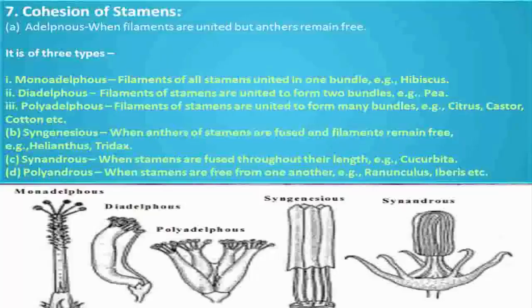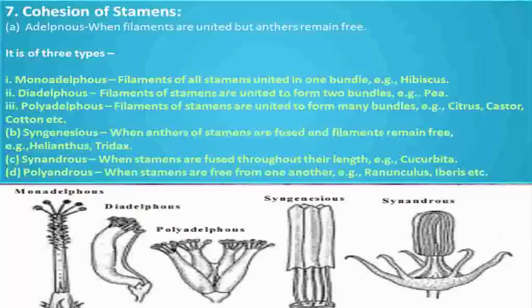This is seen in Helianthus, Annus and Tridax. Now the third category is synandrous. Synandrous means the stamens are fused throughout their length. The entire stamen is fused throughout its length. It is seen in Cucurbita.